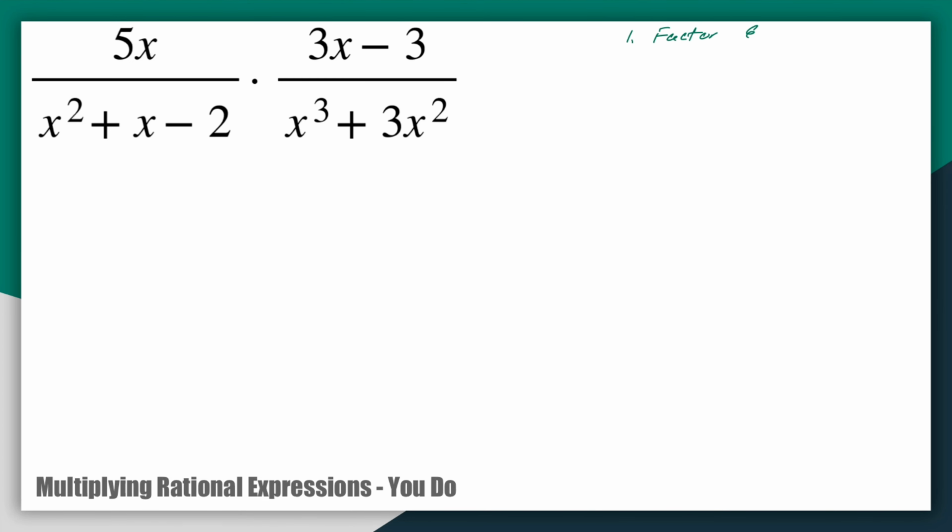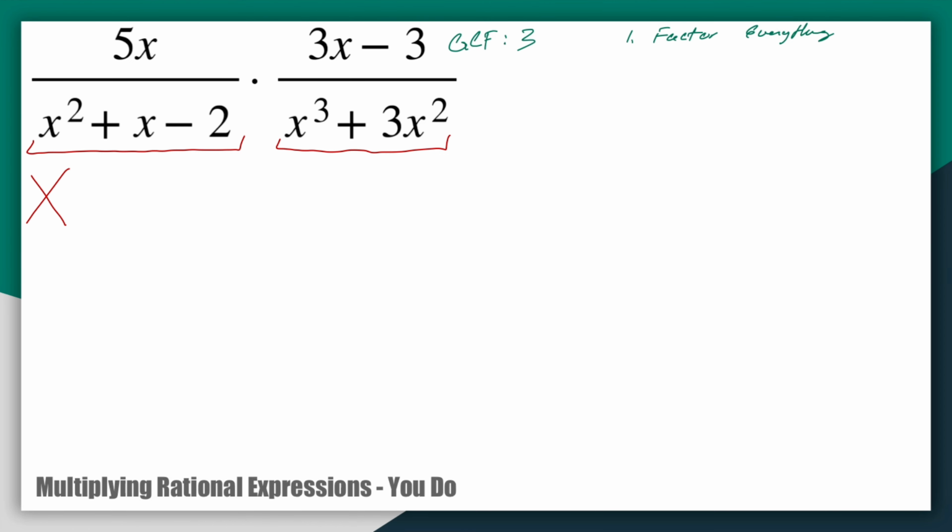So factor everything, okay? So I'm going to look up top, 5x can't be factored, but I can factor this, 3x minus 3. That has a GCF of 3. Now here on the bottom, I have an x squared plus x minus 2. I'm going to have to use diamond method for that. And then over here, I have an x to the power of 3 plus 3x squared.